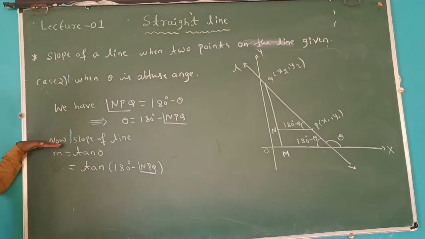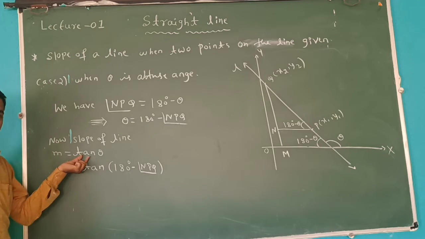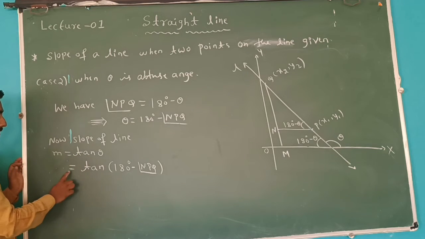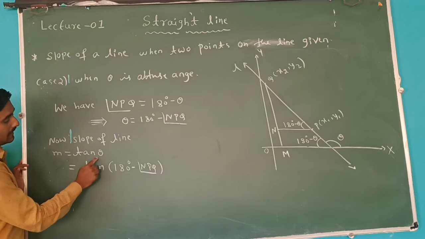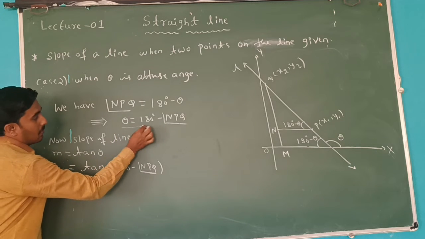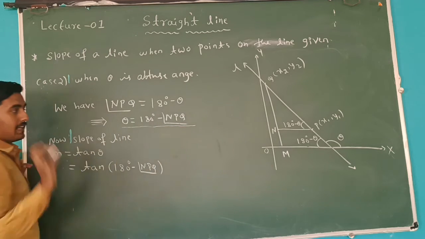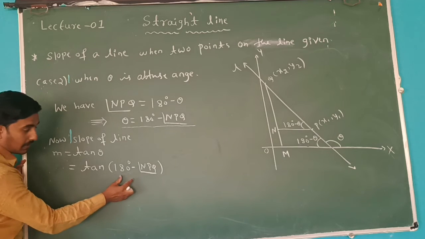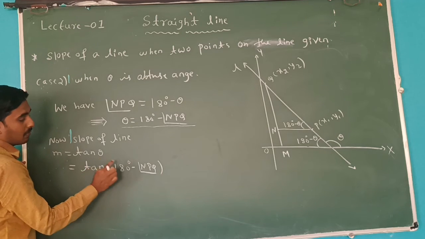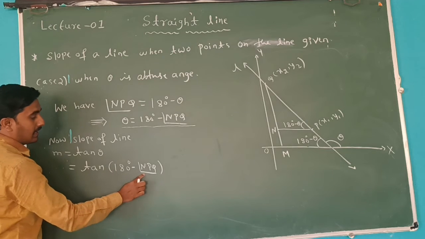Now the slope of the line is given by m equal to tan theta. This is equal to tan of, what is theta actually here? Theta is 180 minus angle NPQ. Substitute here: tan of theta is tan of 180 minus angle NPQ.